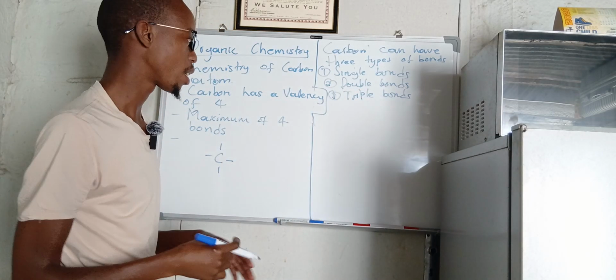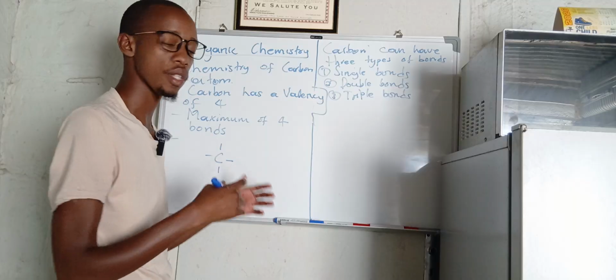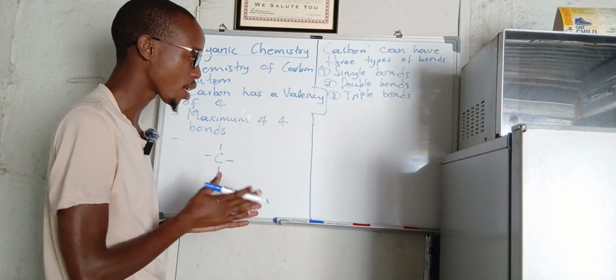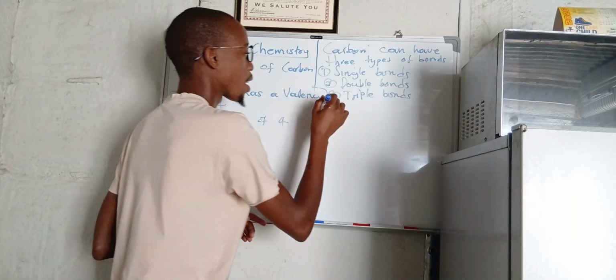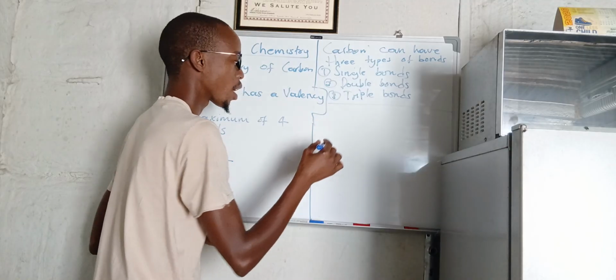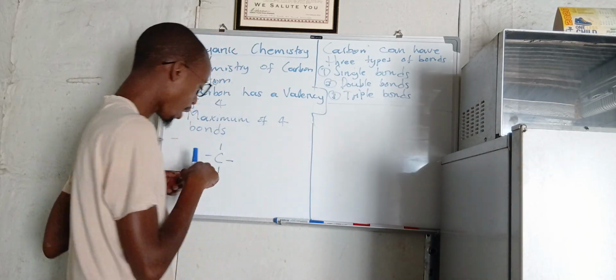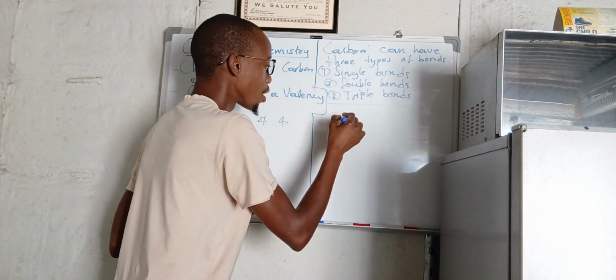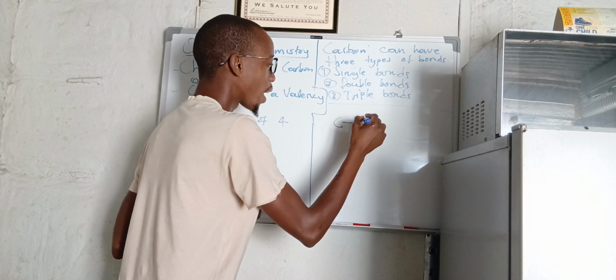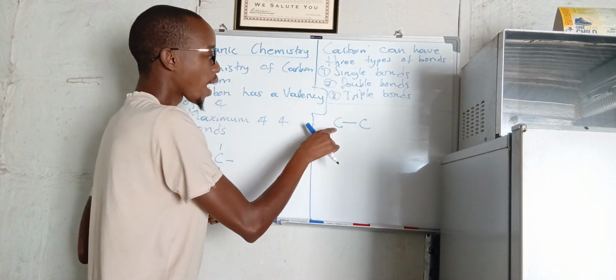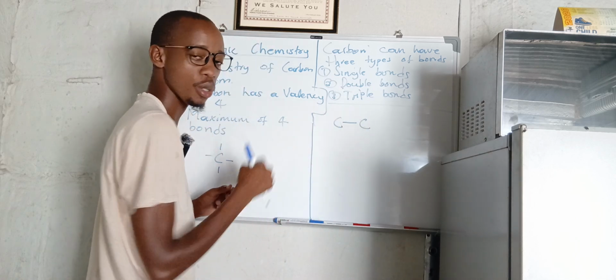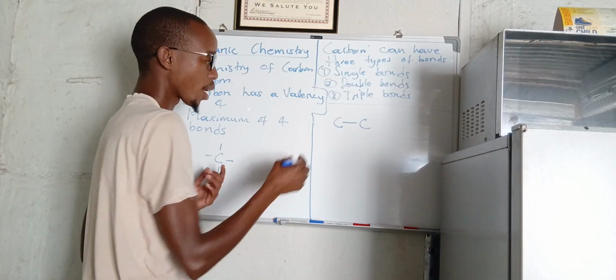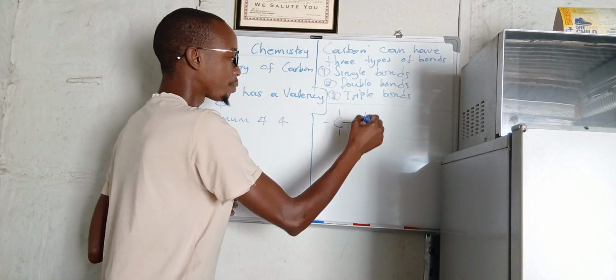I'm going to illustrate how we see a single bond, a double bond, and a triple bond. Firstly, let's start with the single bond. A single bond is when we have one line, let me put carbon here, one line between carbon and another element.